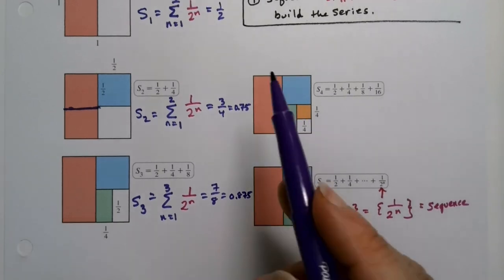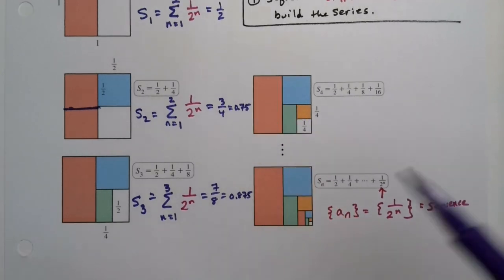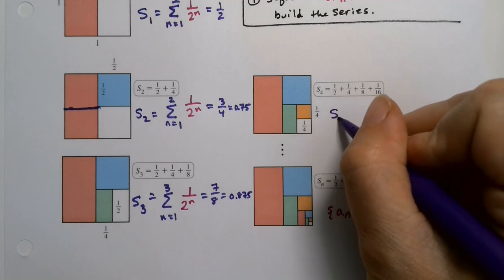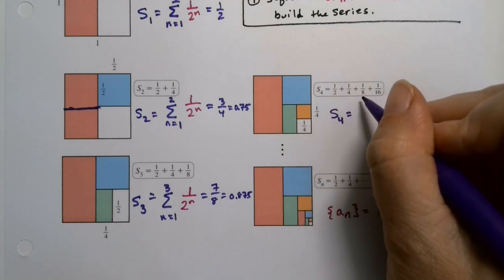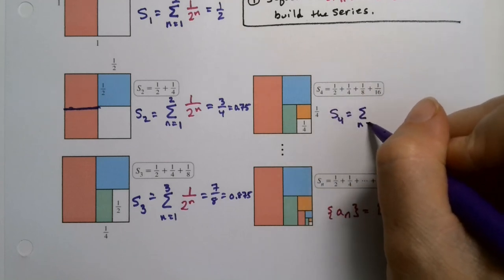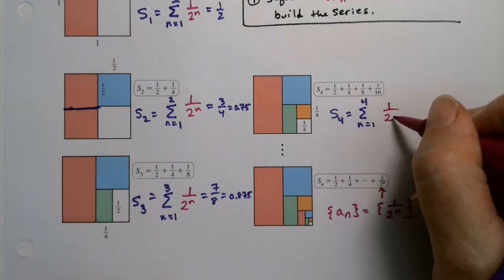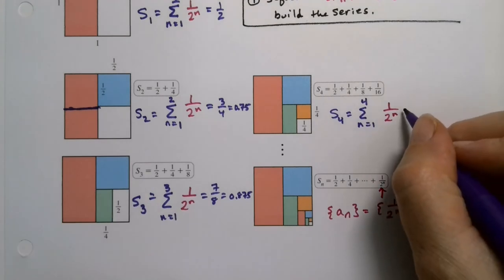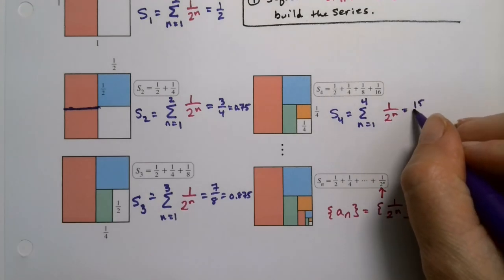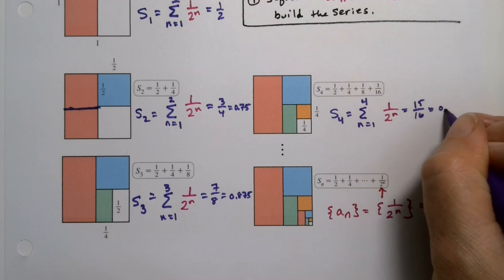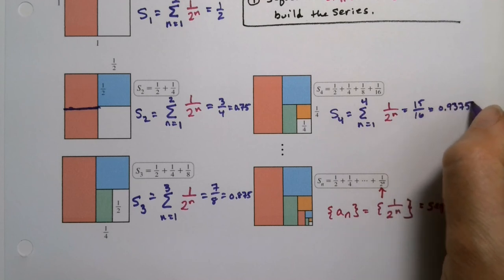And there seems to be a relationship going on here, right? Let's do it one more time. S sub 4 would be a half plus a fourth plus an eighth plus a 16th. It's from 1 until 4 of that original sequence, which is equal to 15 over 16, which is 0.9375.